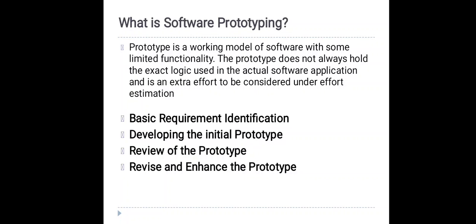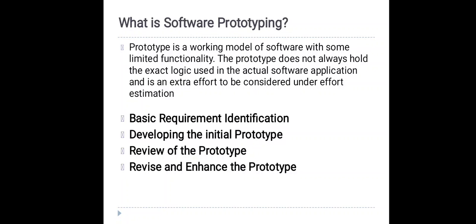In the next step, we will develop the initial prototype. The initial prototype is developed at this stage, where the very basic requirements are showcased and user interfaces are provided.